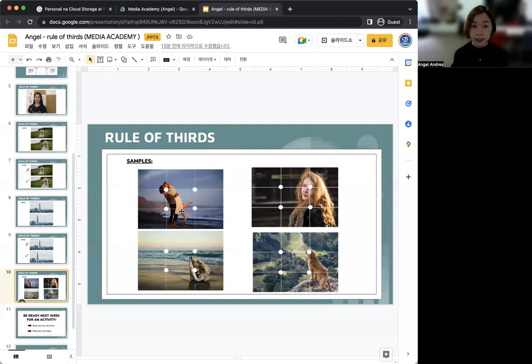That's why we line them with one of the intersecting points to create a more focused and more interesting picture. Same as the second image. It creates a more dynamic and more interesting picture. Same as the third and the fourth one. And as you can see here, it also creates balance between the background and your main subject.